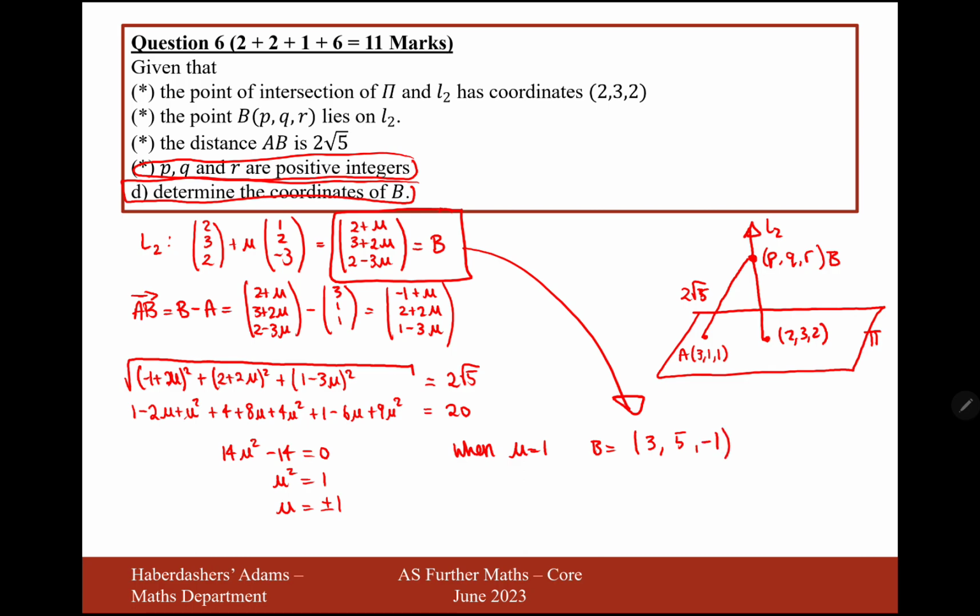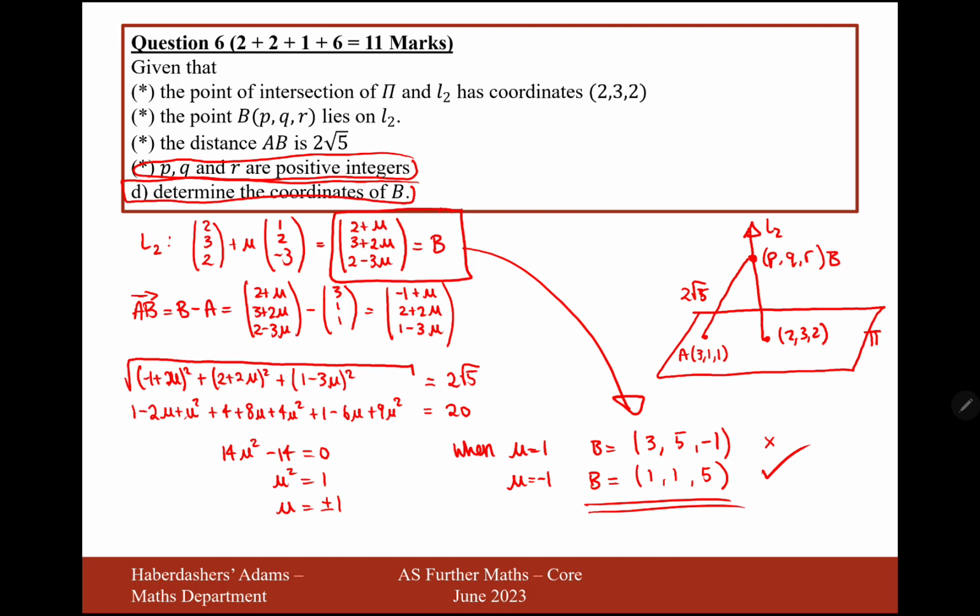So it might not be that coordinate, because if P, Q and R are positive integers, minus 1 is not a positive integer, so it's not that coordinate. So when mu is minus 1, B is going to be coordinate (1, 1, 5), which is the correct value of B, because they're all positive integers there.